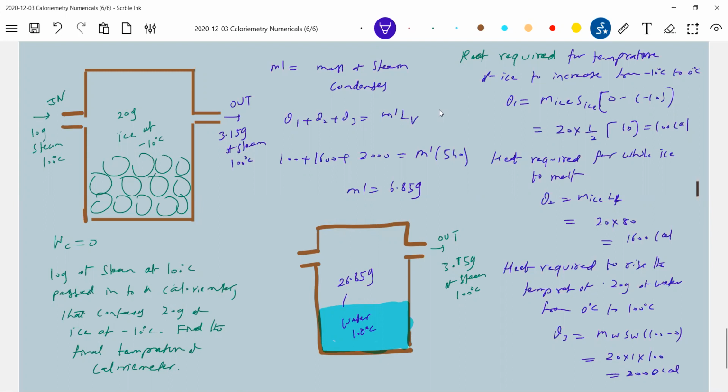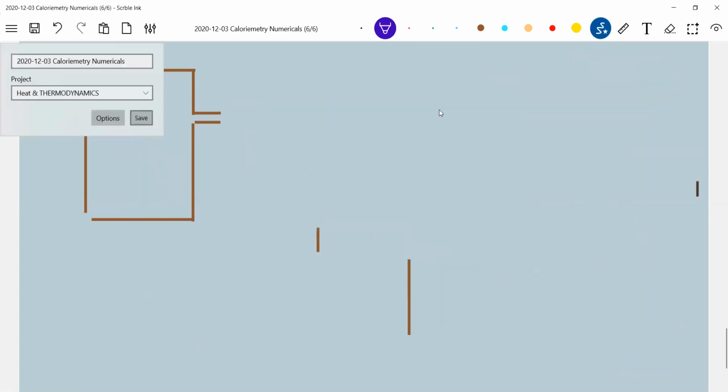So don't think that only steam and water, even steam as well as ice will have interaction. And this is the condition that arises. I can mix steam and ice. I can mix the water and this one. So these are the different types of numericals you may encounter.